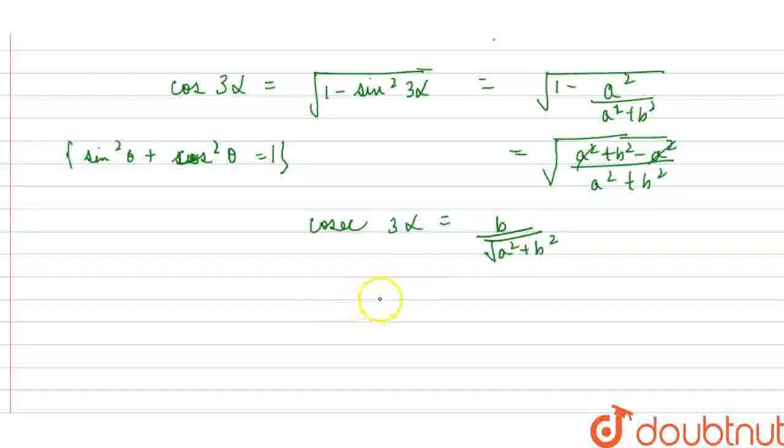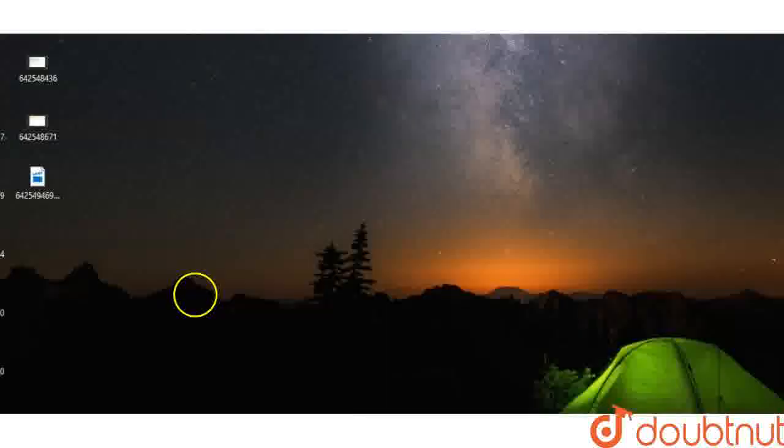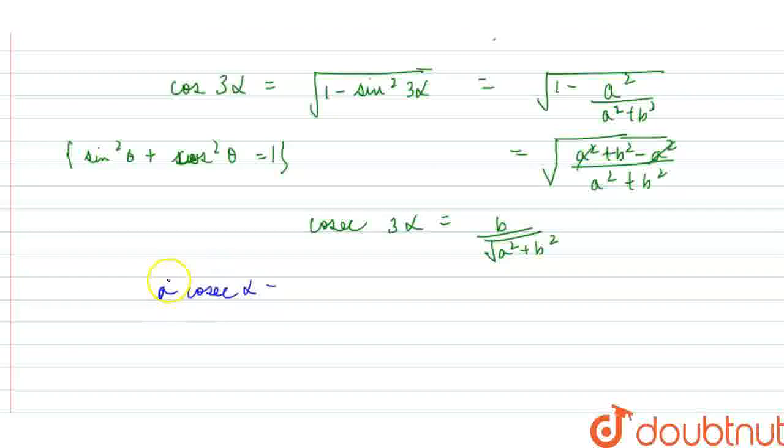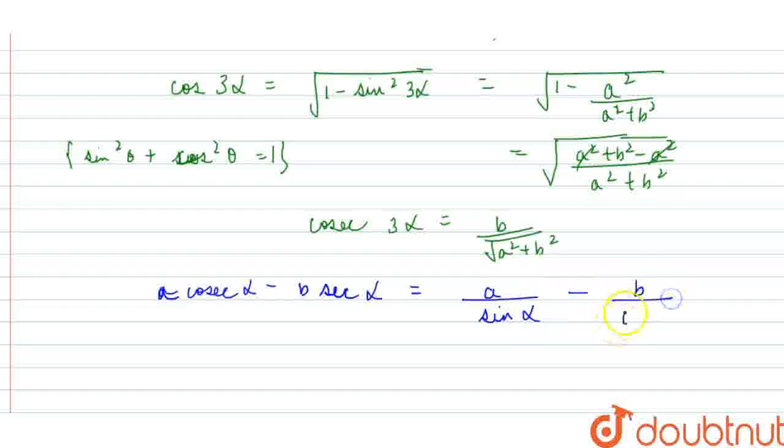Now proceeding further. So I have to find this, that is a cosec alpha minus b secant alpha. So this is what I have to find. What I am doing here is substituting the values. Cosec alpha is 1 upon sine alpha, so it would be a upon sine alpha minus b upon cos alpha, since secant alpha is 1 upon cos alpha.